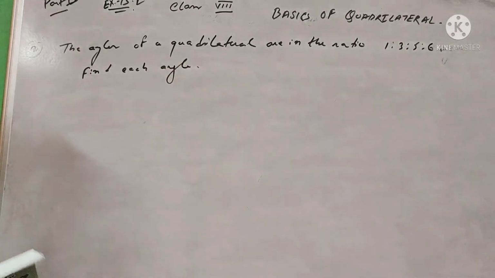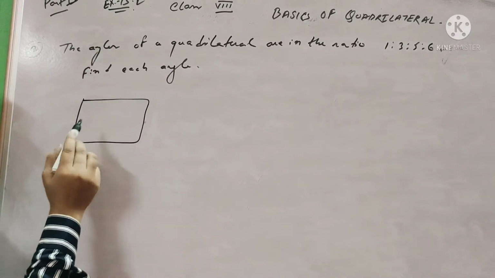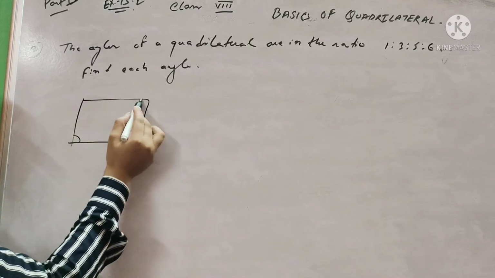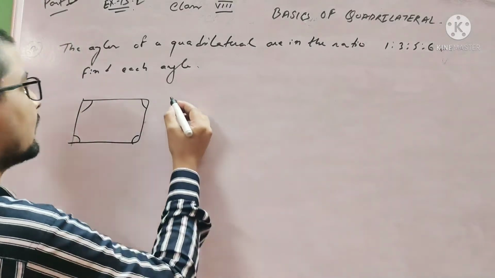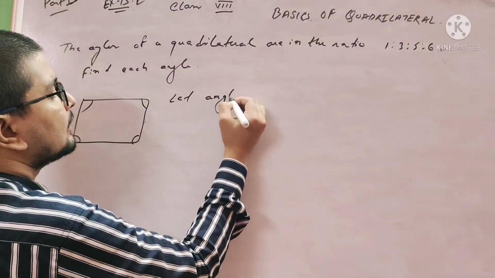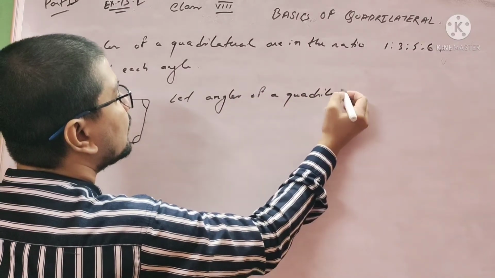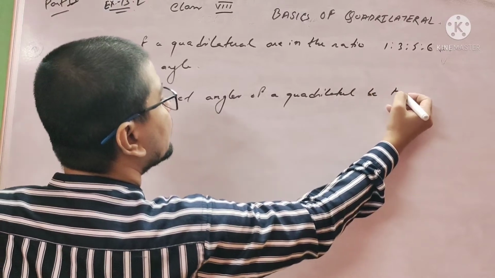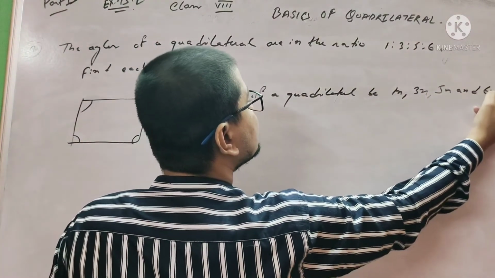First of all we understand what the question is. The angles of a quadrilateral, quadrilateral means four-sided, and each angle is given in ratio form, 1:3:5:6. Let the angles of the quadrilateral be 1x, 3x, 5x and 6x.